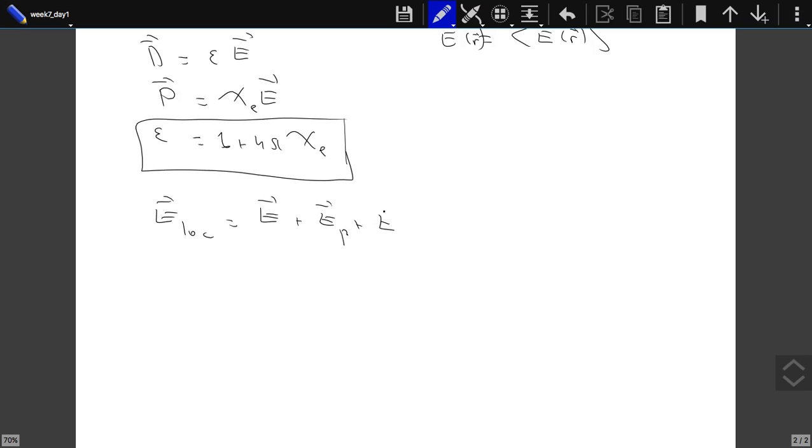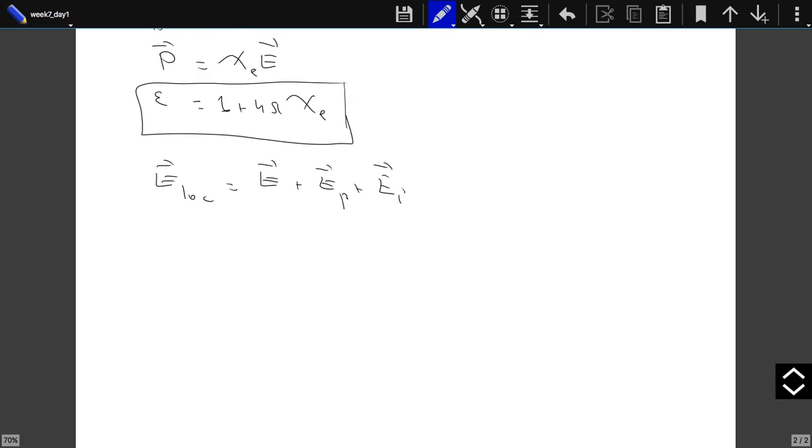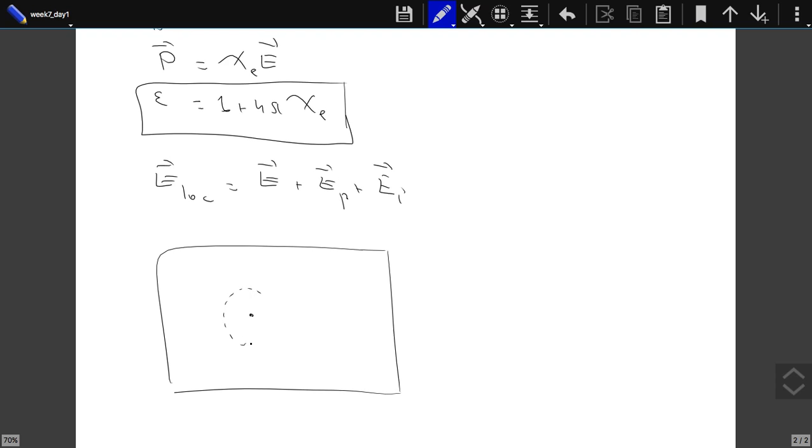So we have to first study how the local electric field and the average electric field are related. Now, the local electric field is the average value plus, let me write these first.